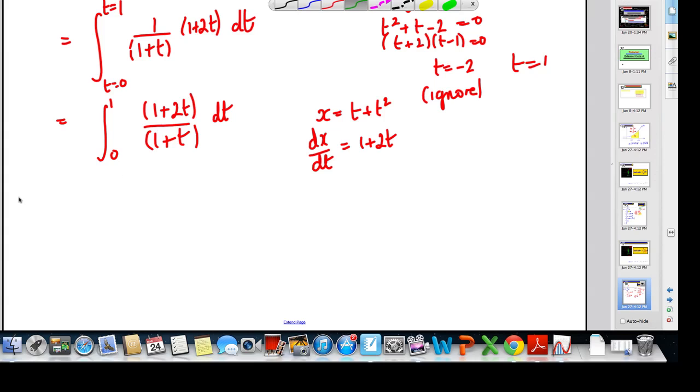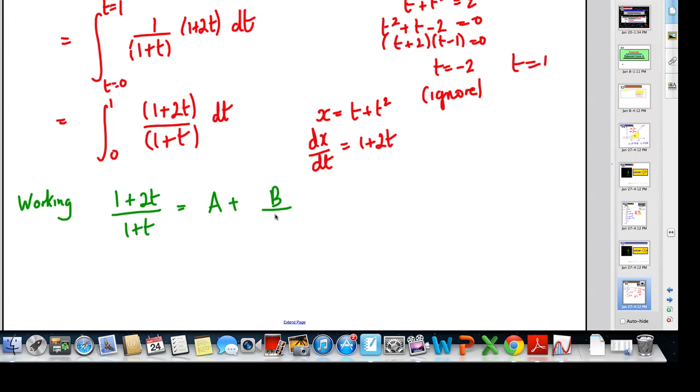So I'm going to do a bit of side working. We want to write (1 plus 2t) over (1 plus t) as partial fractions. Now, the top has power t to the 1, the bottom has power t to the 1. So when you divide the same powers, you get a constant a plus another constant b over the factor on the bottom.